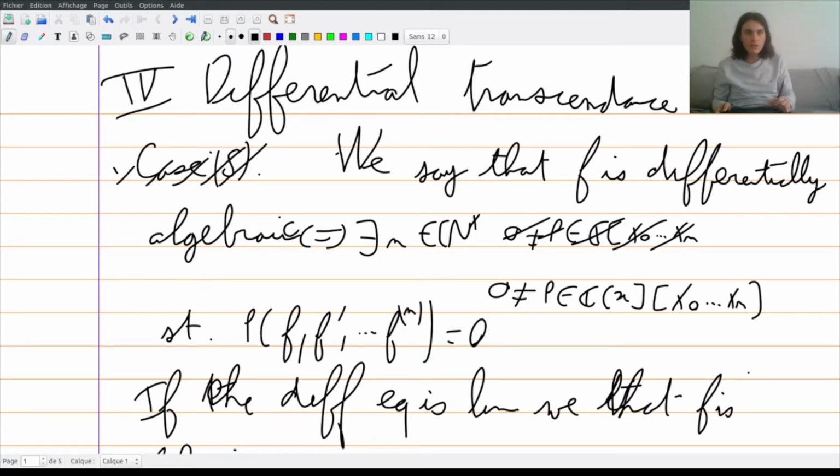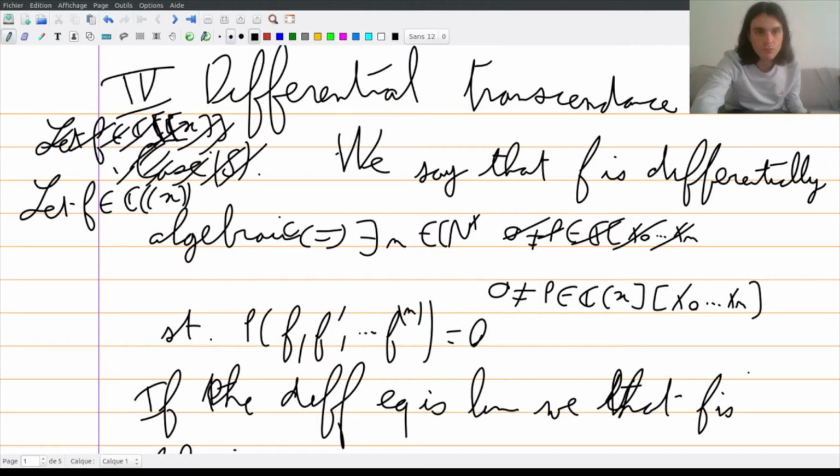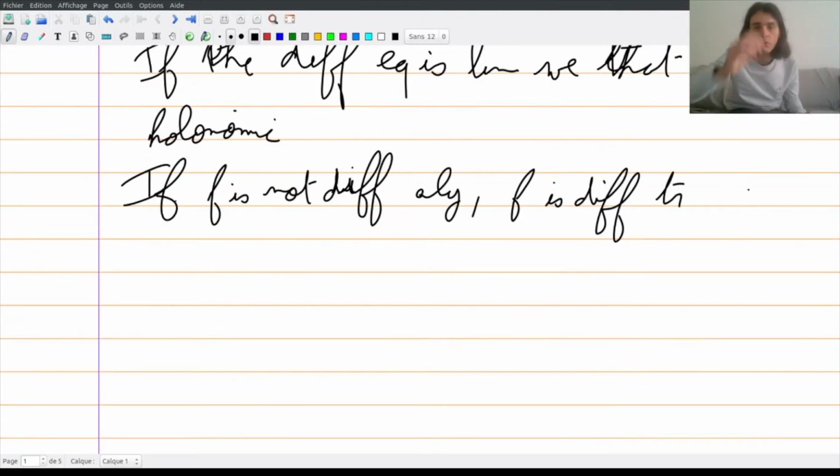So I said that I consider the case S, but in fact it can be done in any field where you can differentiate. So to simplify, let me consider f, which is a formal series, a formal Laurent series, or holomorphic function, whatever you want.